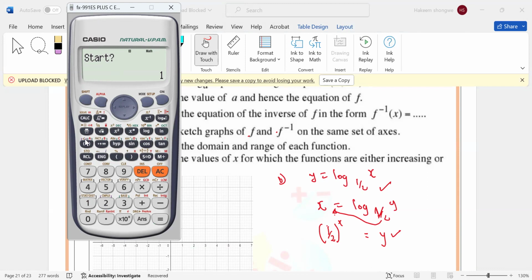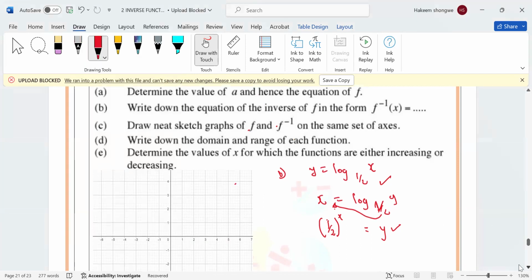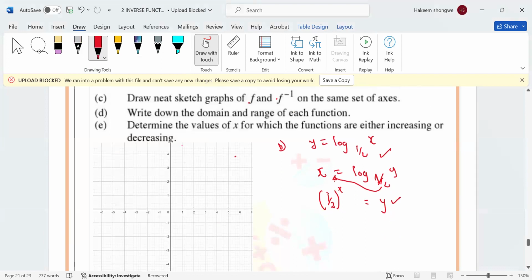Then you can start at minus 3, and you can end at 8, it doesn't matter. Let's check if we have minus 3 and 8. No, we don't have 8 here.